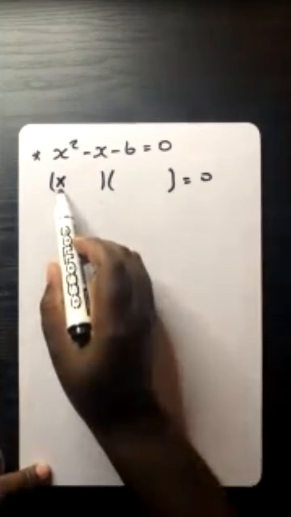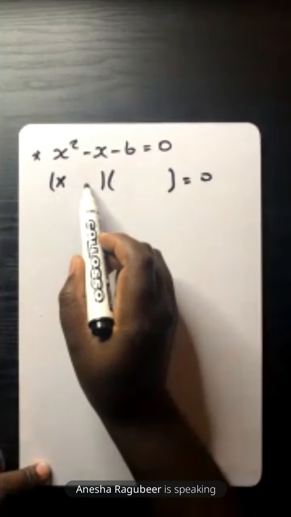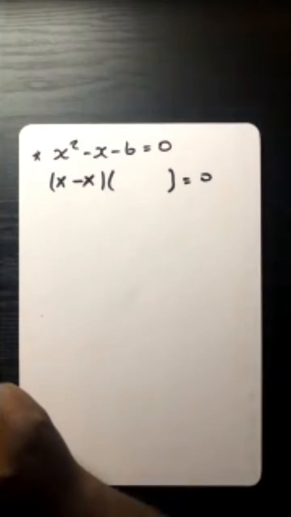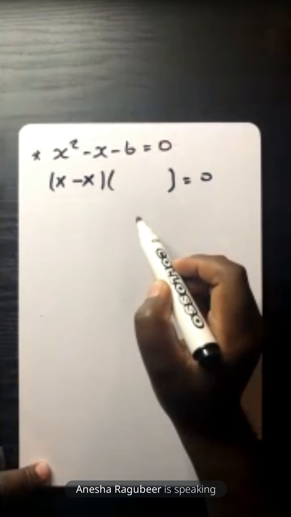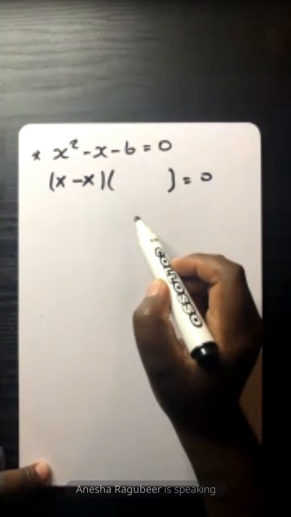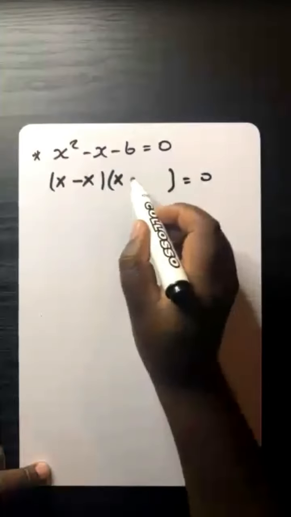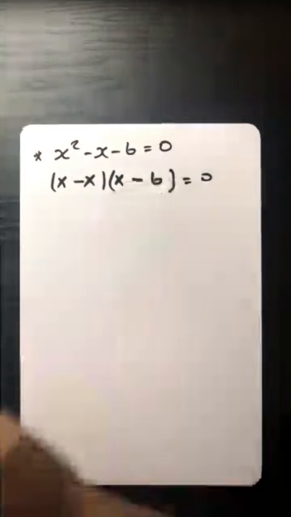Okay, there is x. Then what do I write? Minus x. Then in the second brackets, I'll put another x minus 6. Okay, another x minus 6.